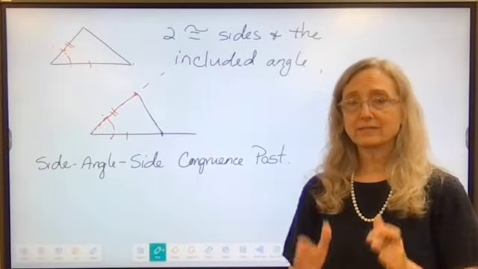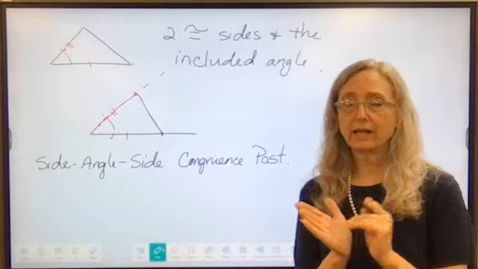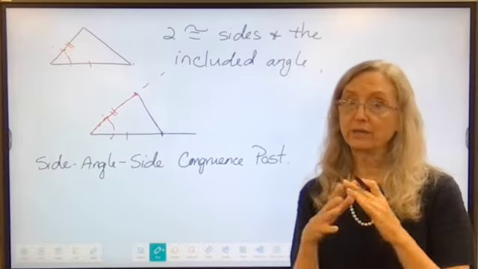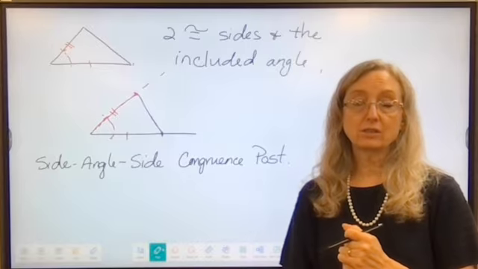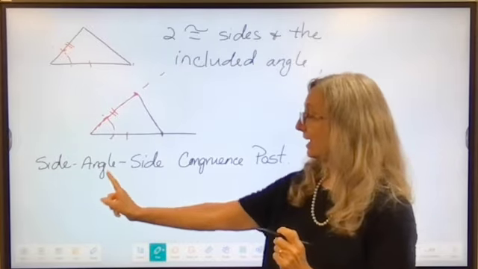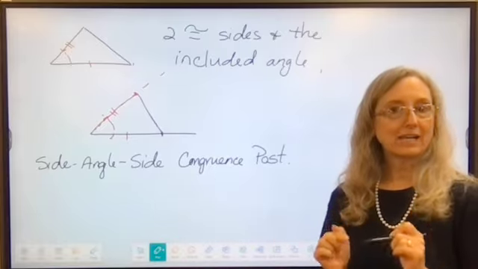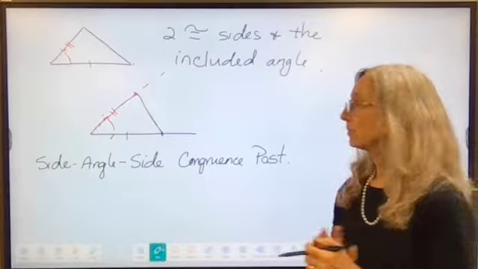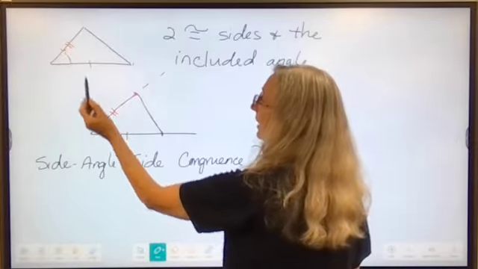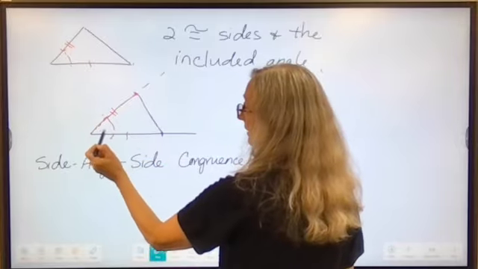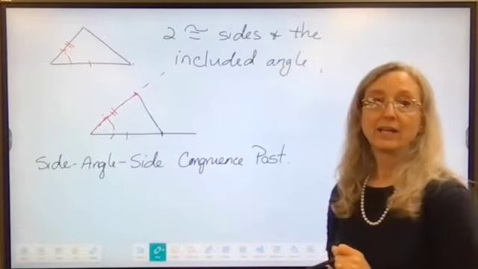The fact that two congruent sides and their included angle being congruent is enough to show the entire triangle is congruent is called the side angle side congruence postulate. Side angle side in that order, since the angle is between the two sides.